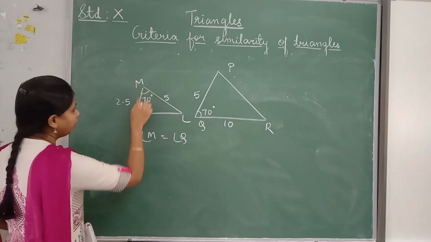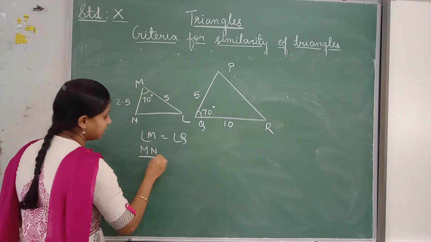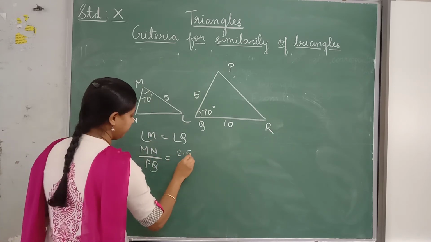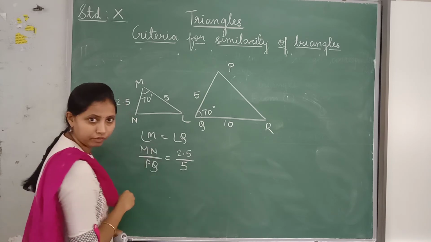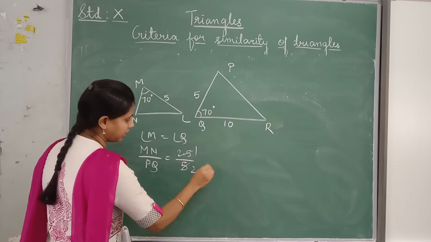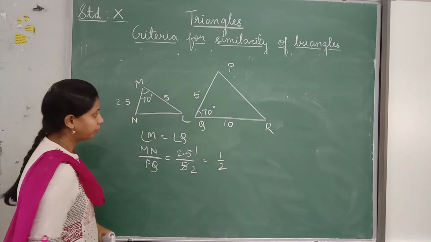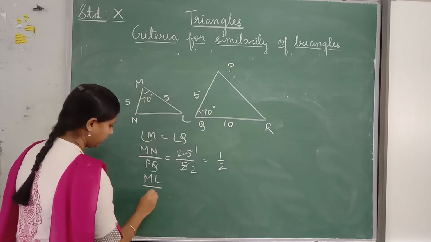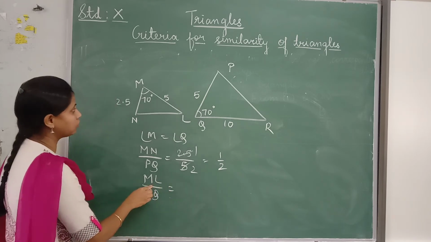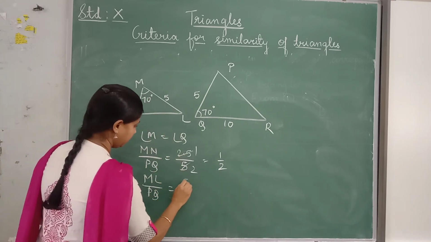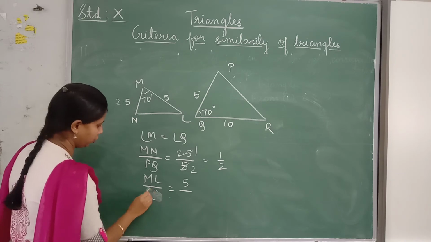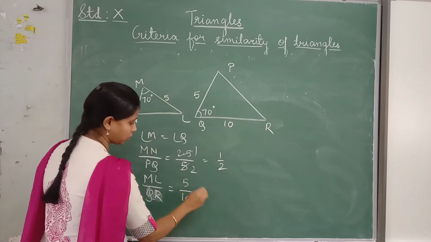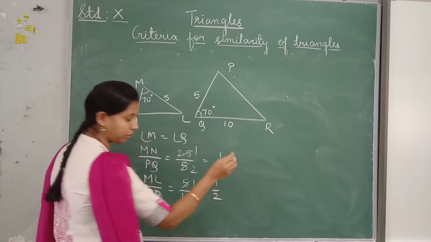So now, what is the ratio of MN by PQ? MN measures 2.5, PQ measures 5. If you simplify, 2.5 ones are 2.5, 2s are 5, you get 1 by 2. Now see the ratio of the other side. LM upon PQ. Sorry, it is QR. QR is 10, and LN is 5, so again 5 ones are 5, 5 2s are 10, it is 1 by 2.